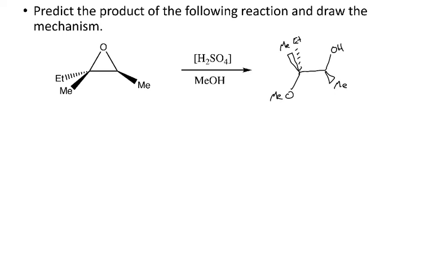All right, and then the mechanism for this, we're going to start with a proton transfer. We're going to follow it up with an SN2 step. In this case, my proton source I'm going to draw as hydronium ion, which is typical to what we do when we have sulfuric acid as a catalyst.